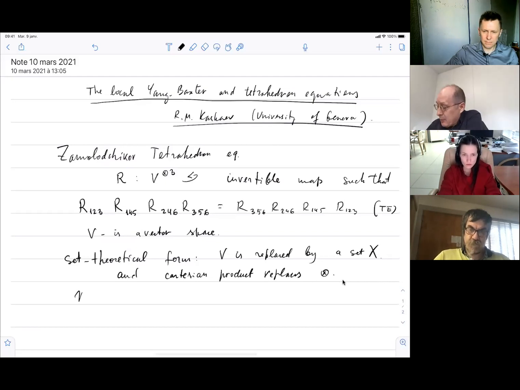And more generally, one can just speak about a symmetric monoidal category.